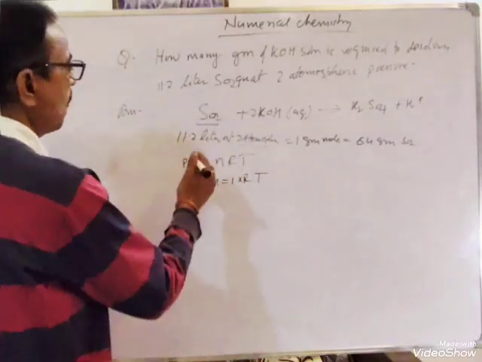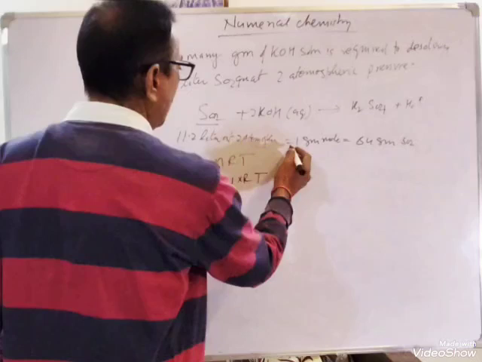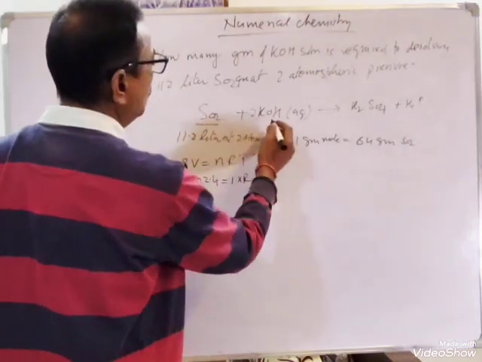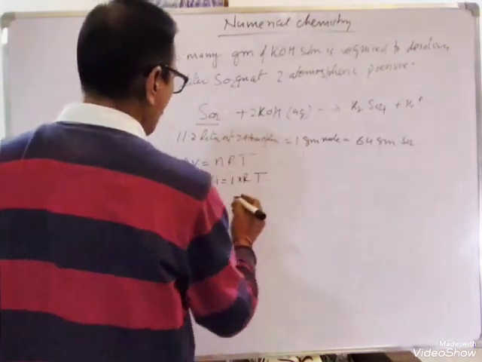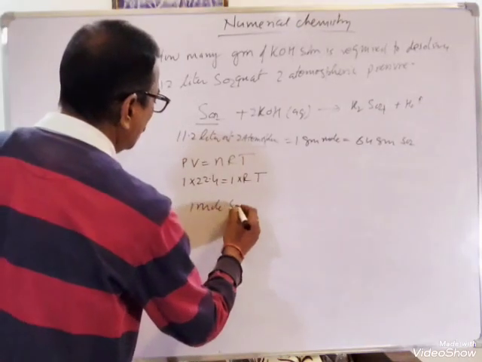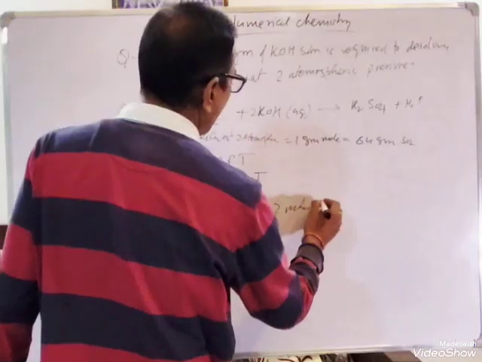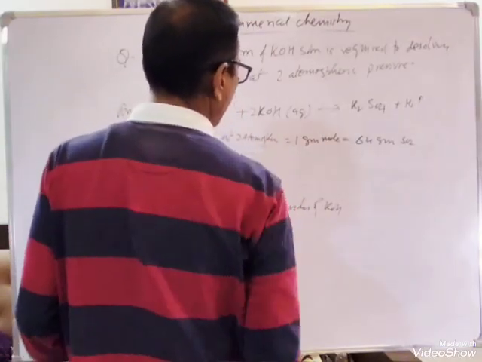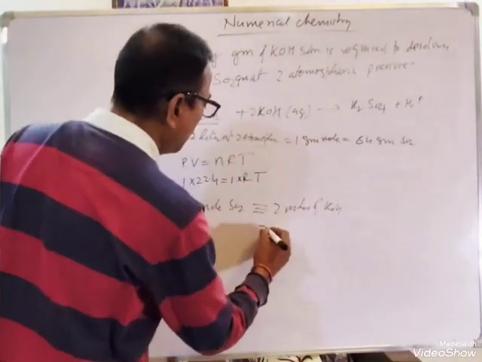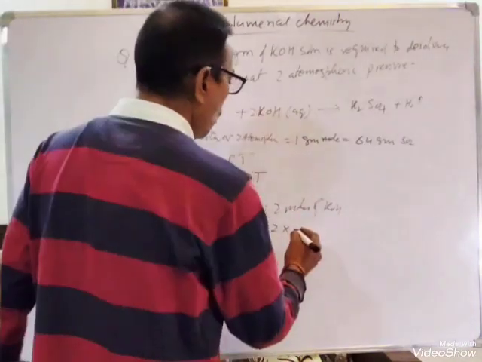Here we see 1 mole reacts with 2 moles. 1 mole of SO2 is equivalent to 2 moles of KOH. Now convert 2 moles into weight.